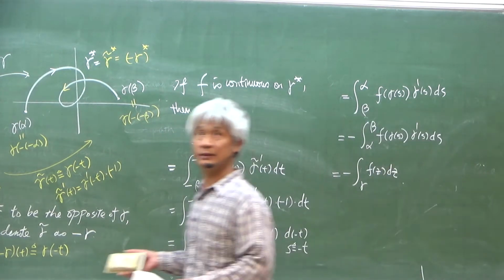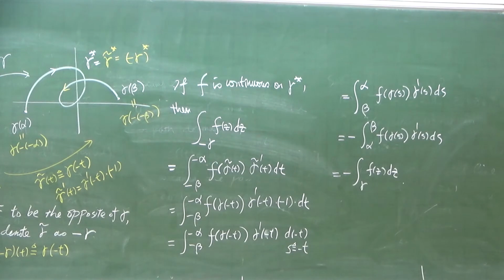Alright, so let's do some examples. First one: suppose gamma is the positively oriented unit circle.